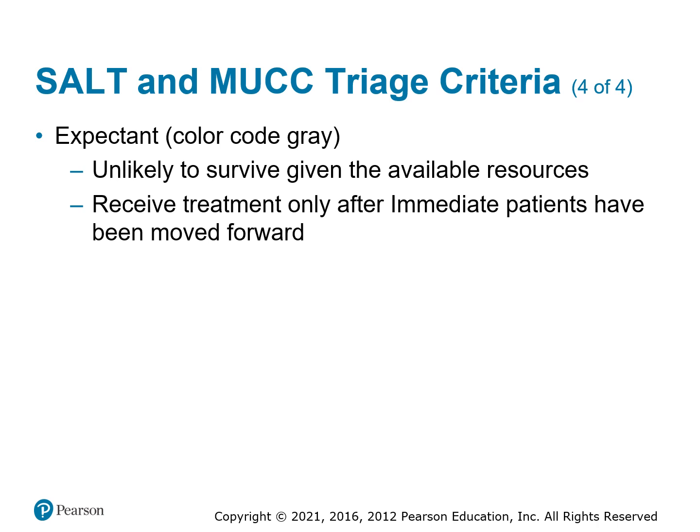And we'll talk about secondary triage here in a little bit, but we're going to be reevaluating these patients throughout the time that they are in the treatment area or in the triage area. These patients receive treatment only after immediate patients have been moved forward.